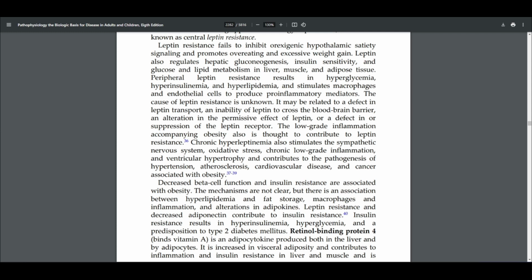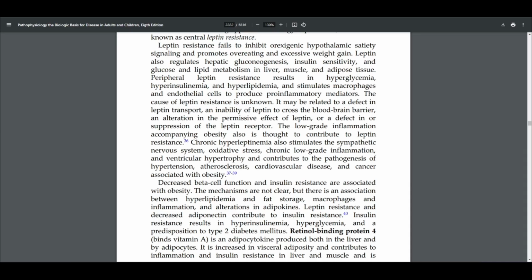Leptin also regulates hepatic gluconeogenesis, insulin sensitivity, and glucose and lipid metabolism in the liver, muscles, and adipose tissue. Peripheral leptin resistance results in hyperglycemia, hyperinsulinemia, and hyperlipidemia, and stimulates macrophages and endothelial cells to produce pro-inflammatory mediators.